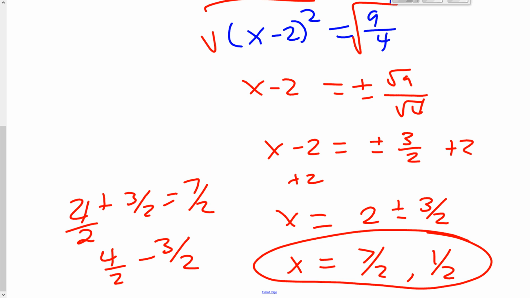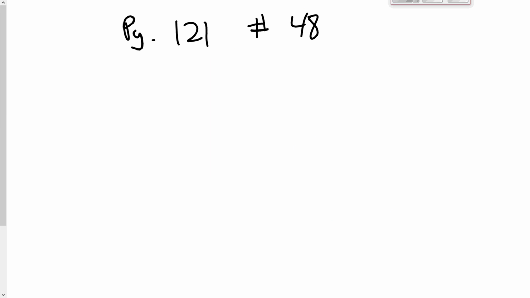Okay, so there's that one, page 111, number 47. On page 121, number 48 came a lot of questions.